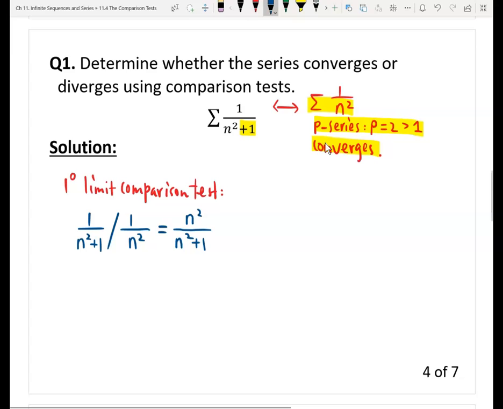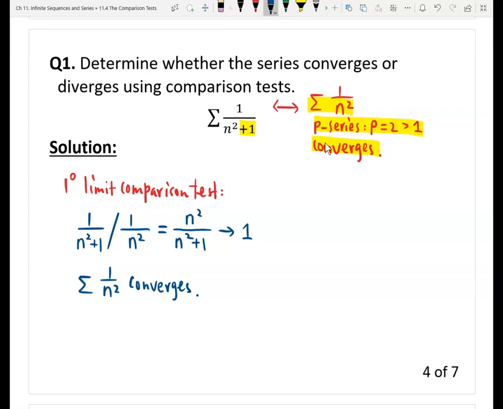If we divide both the numerator and denominator by n squared, we have 1 over 1 plus 1 over n squared, and this term goes to 0. Therefore, it is 1 over 1, which approaches 1. And 1 is a positive number, not 0. Therefore, we can use the limit comparison test. So we say that because our comparable p series converges, our series converges.